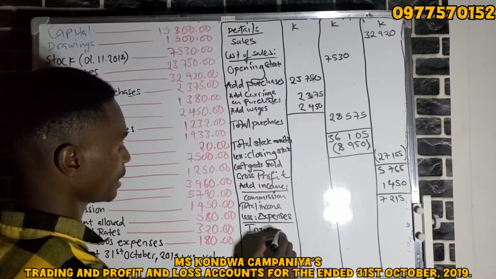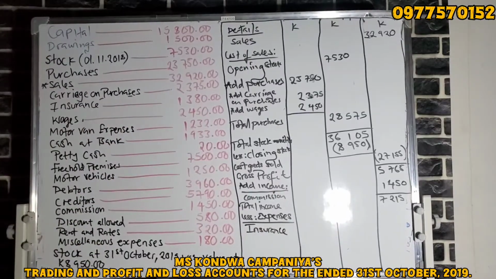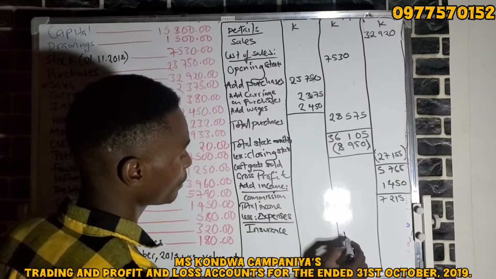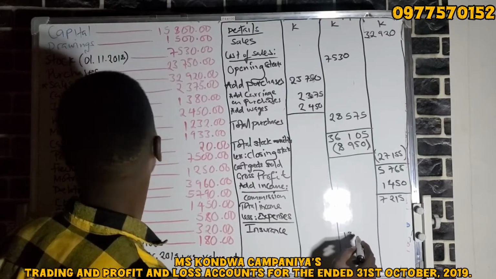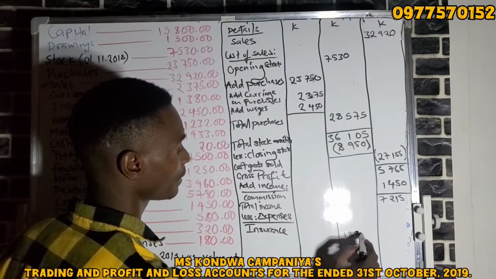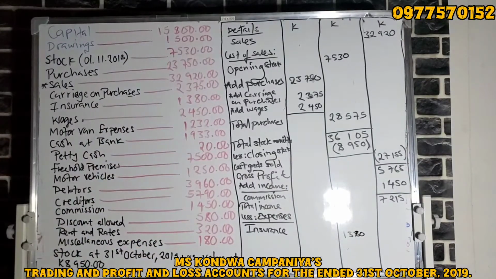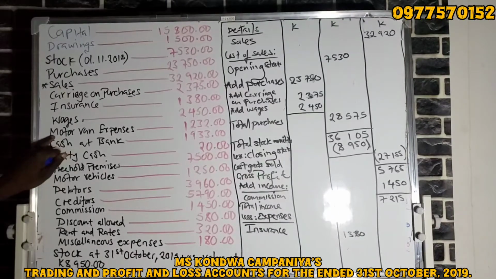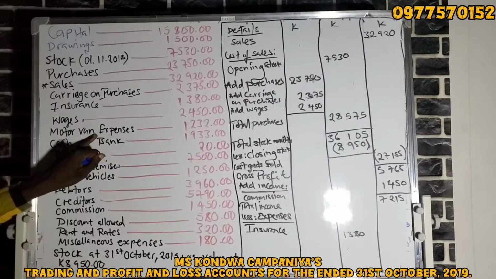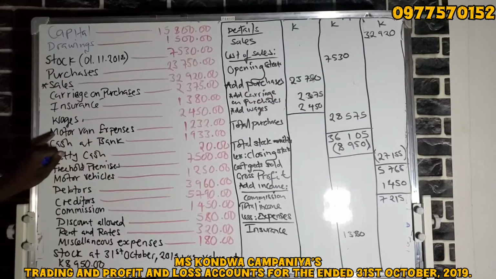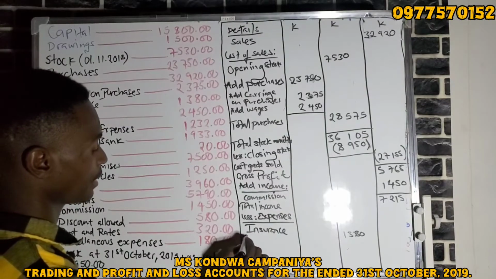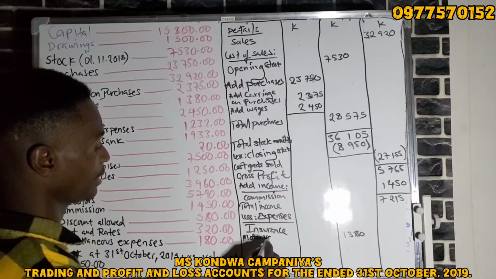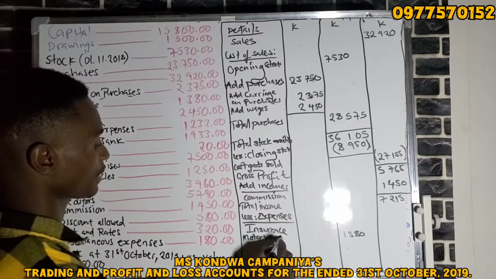So insurance here is how much? 1,000. So in the middle column, 1,380. Next, we skip wages and go to motor van. If it was just motor van, it would have been a fixed asset, but this is motor van expenses, so we're going to regard it as an expense here.